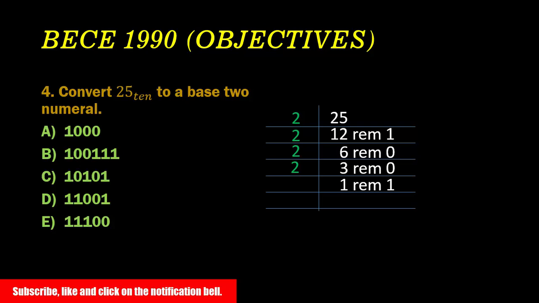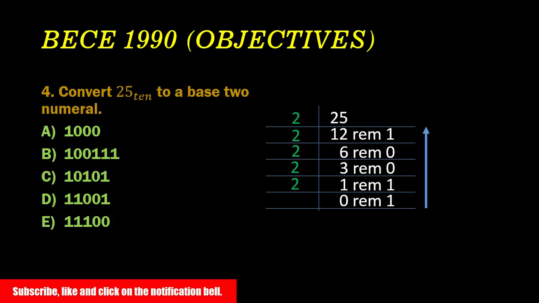Again, we divide the number 1 by 2. What do we get? 0, remainder 1. Now, our answer is glaring at us, but how do we write it? The remainders are what our new answer is, indicated by the arrow as shown on your screen.